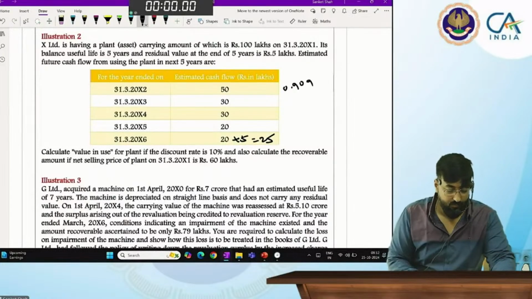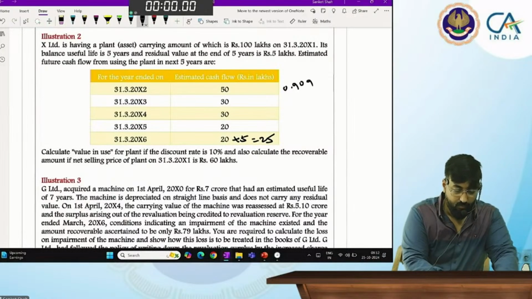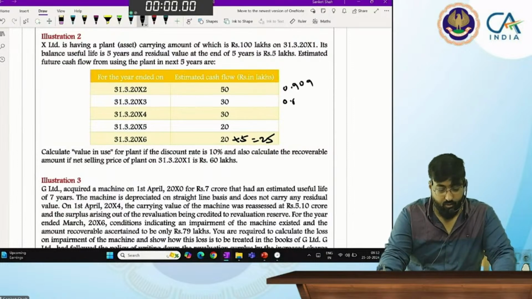0.909, 0.826. For more in FM normally I am telling you to use 4 digits, पर इधर मैं आपको 3 digits ही बोलूंगा. It's okay.